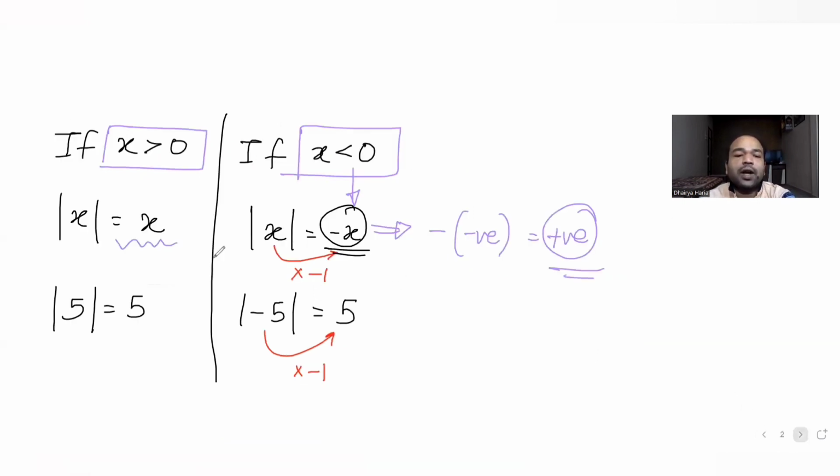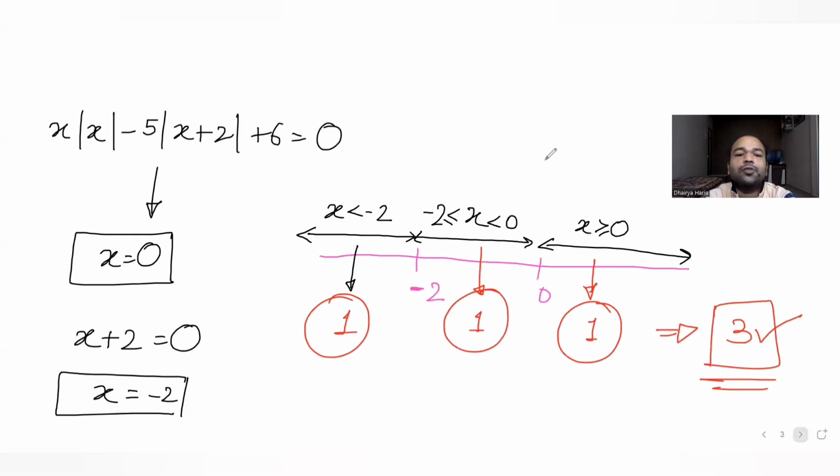We use this concept that if something is positive inside the mod, you write it as it is. If something is negative inside the mod, you multiply that entire expression with minus 1. And then we solved our entire question using critical key points. Whatever expressions are inside the mod, equate them with 0. That will give you two values of x.